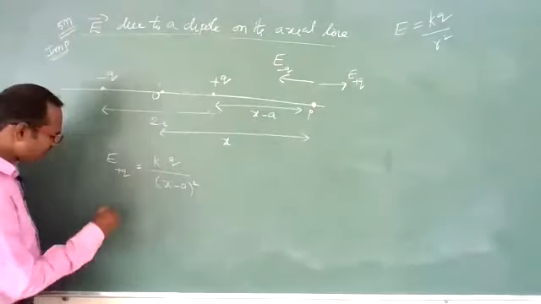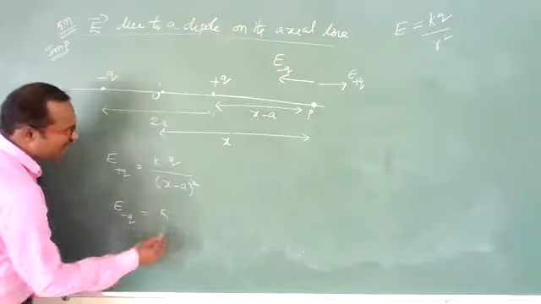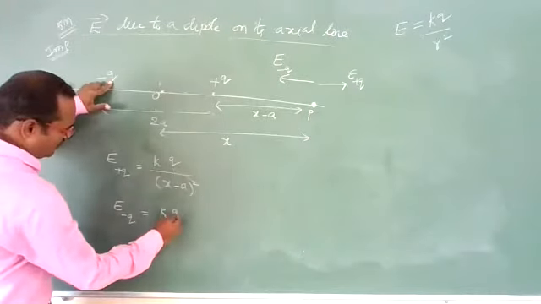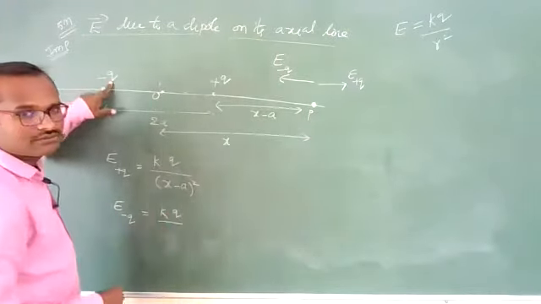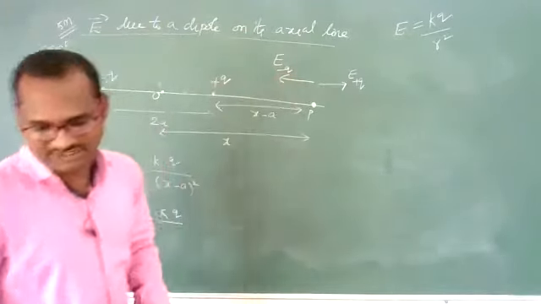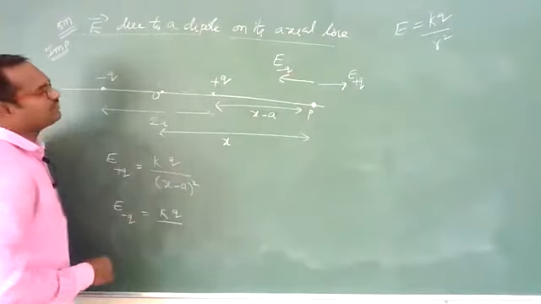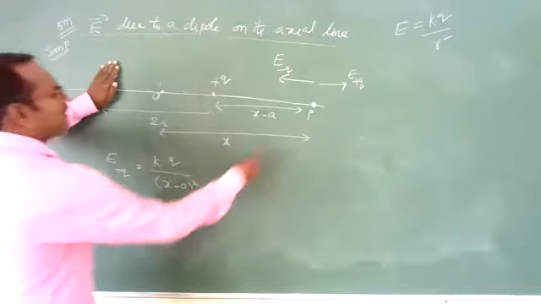Now, what will be the electric field due to the negative charge? The electric field due to the negative charge Q is K, charge Q. I am not taking the direction, I am taking only the magnitude. It is in this direction. Now, the distance from the negative charge to point P, how much?